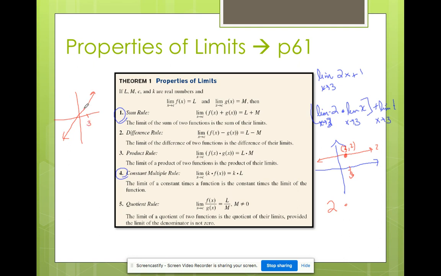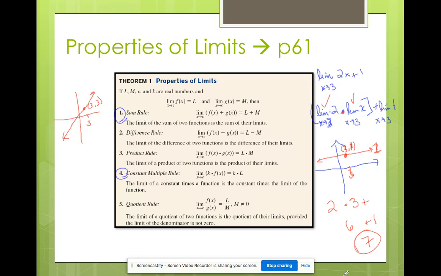When x is equal to 3, what is y? 3. So I just evaluated limit 1. I'm going to multiply times limit 2, and I'm going to get 6 plus the limit of the constant function 1. So let's pretend this is the constant function 1. When x is equal to 3, what is the value of the function? 1. The limit is 7.